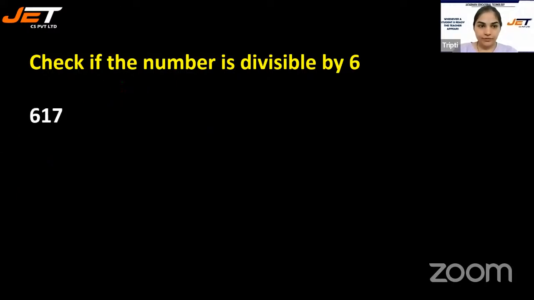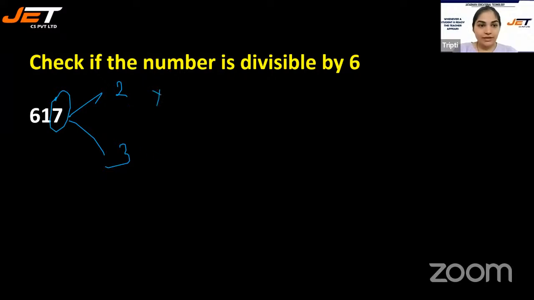Okay, next one, 617. So 7, I need to check for 2 and 3, right? 7 is not divisible by 2. I can see that. Okay, 7 is not divisible by 2.